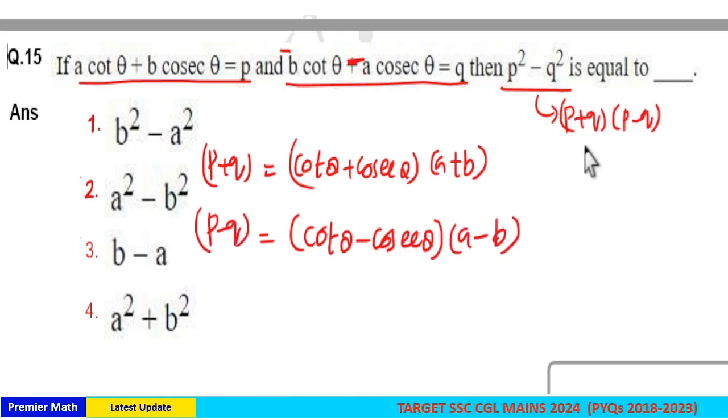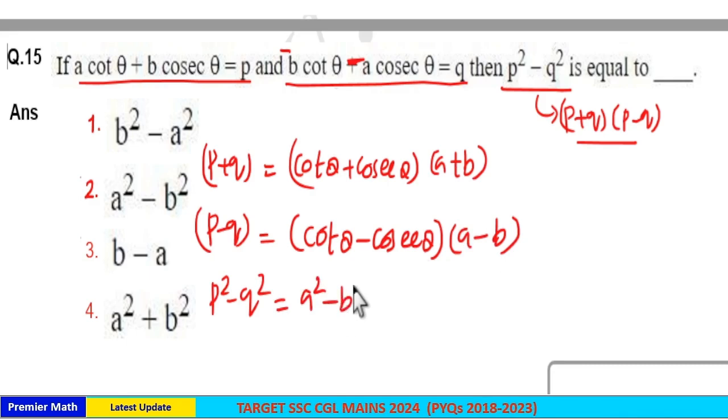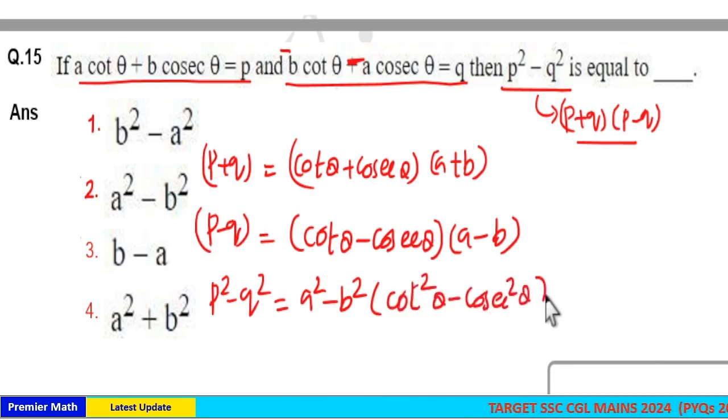Now, p plus q into p minus q is equal to p square minus q square. So multiply these two together. You will get a plus b into a minus b, which is equal to a square minus b square. And cot theta plus cosec theta into cot theta minus cosec theta will become cot square theta minus cosec square theta.